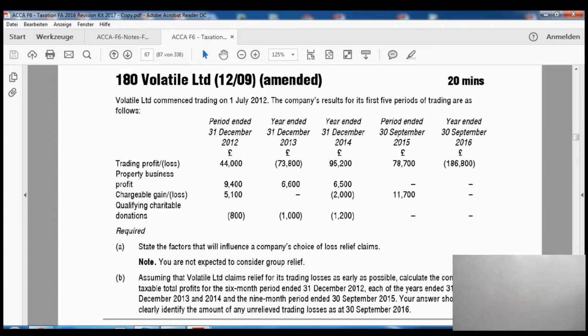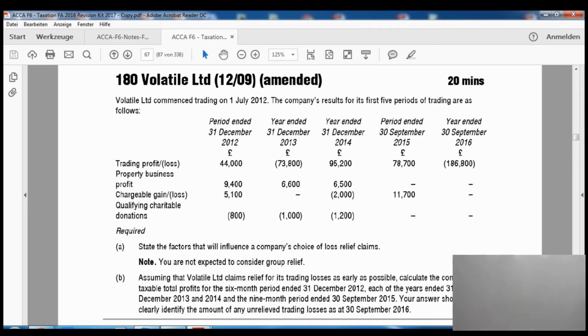So V Limited commenced trading on 1st of July 2002. The company's results for its first 5 periods of trade are as follows. So period ended 31st of December 2002, then 2012, 13, 14, and then period ended 30 September 2015, and then year ended September 2016, which means that it looks like they have changed the year end in 2015.